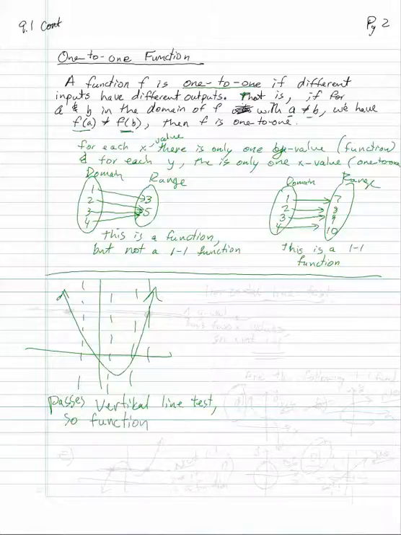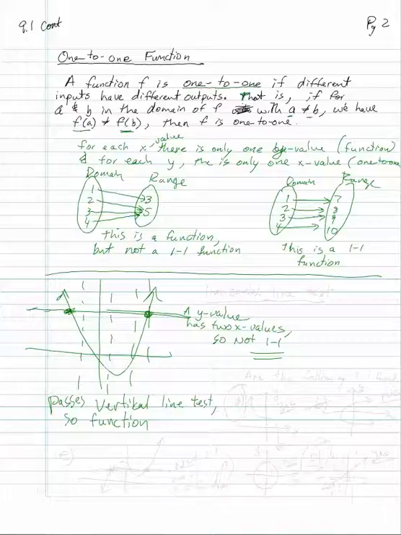Now to test one-to-one, you do a horizontal line test. Look, here's a horizontal line. This is a y value. It has two x values. So it's not one-to-one.